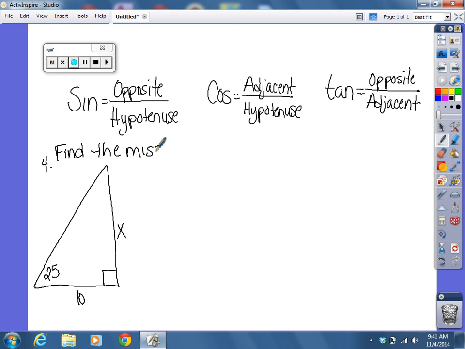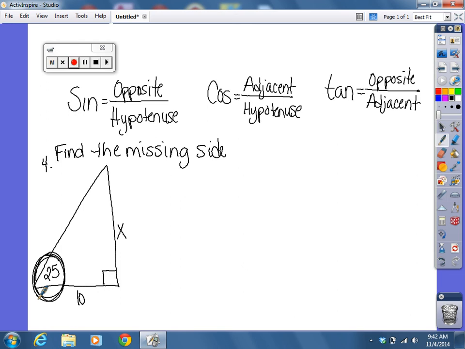You're actually given two angles, the 90 and the 25, but you never use the 90 to solve these problems. Never. So I'm going to use this 25 degrees right here. I need to base my positions off that angle. What pieces of information related to that angle can I use to solve sine, cosine, or tangent?